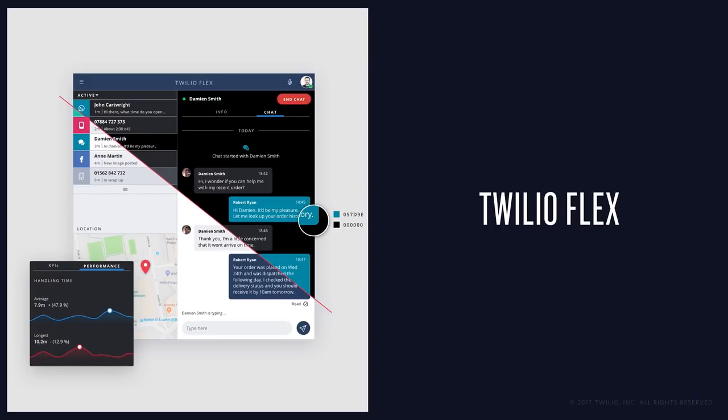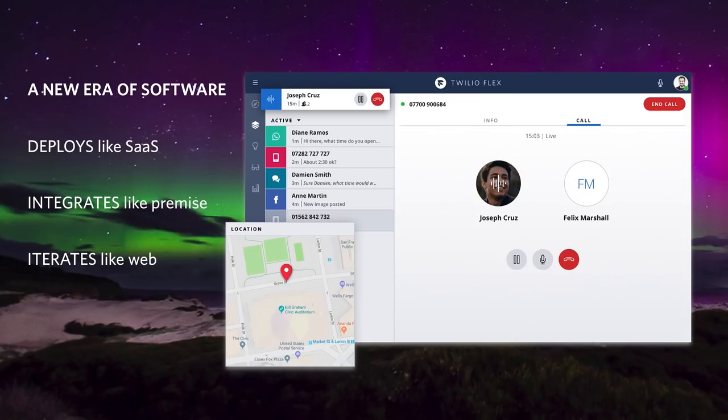Twilio Flex is a cloud contact center application platform that lets you instantly deploy a contextual omni-channel contact center out of the box. Now, what is an application platform, you might be asking? An application platform is not a SaaS application. This is a fundamentally different approach. While an application platform deploys like SaaS, it is fully customizable.